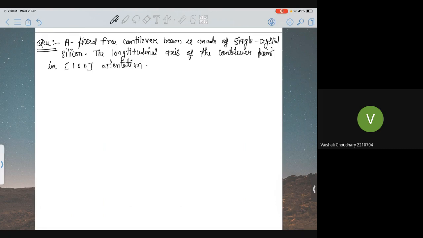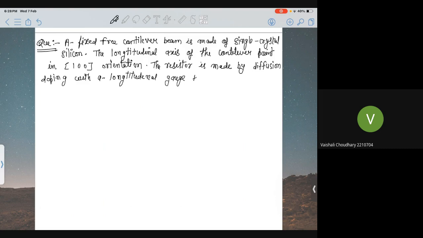Okay, so the resistor is made by diffusion doping with a longitudinal gauge factor of 60.